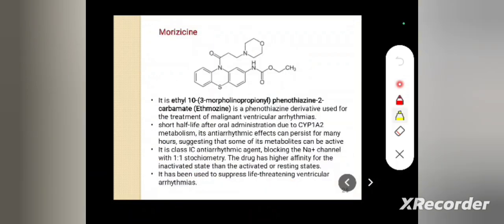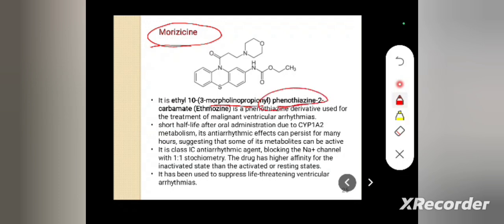Next, moricizine. This also comes under the class 1C drugs, and chemically moricizine is a morpholinyl propionyl compound. We can say this is a phenothiazine derivative.